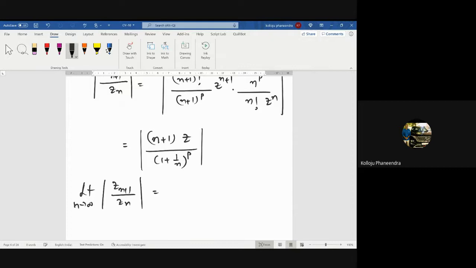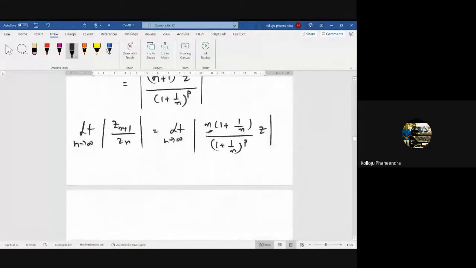What is this value? Limit n tends to infinity of mod n is common, 1 plus 1 by n by (1 plus 1 by n) whole power p, into z. So since n is here, this value is infinity. Therefore, this is the L value.